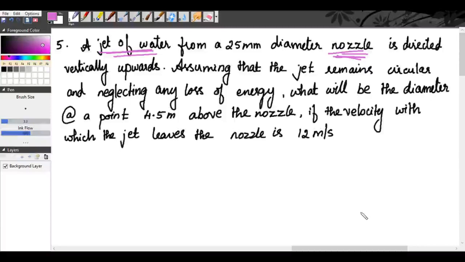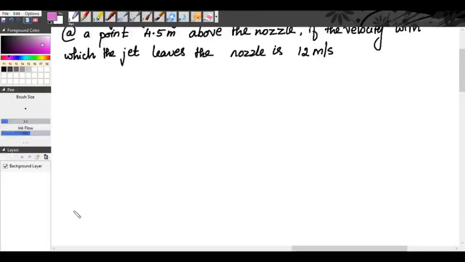So we will draw a nozzle first. Okay. And the water is poured upwards. The water is pushed upwards, directed vertically upwards. There may be some pipe like this. So we have a nozzle. Okay.